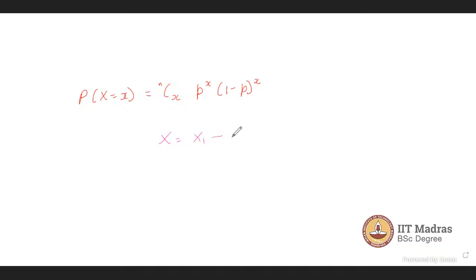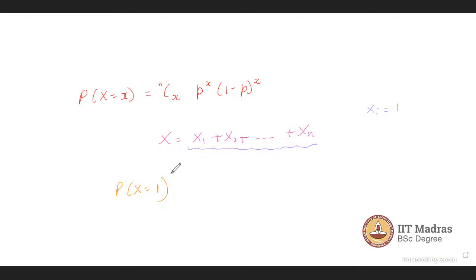Binomial is nothing but sum of n independent and identical Bernoulli trials. Suppose I want to find the probability that I get only one success. If you look closely, I can get success in any one of these n trials if any one of my xi is equal to 1 and the rest will be 0. The sum will be 1.